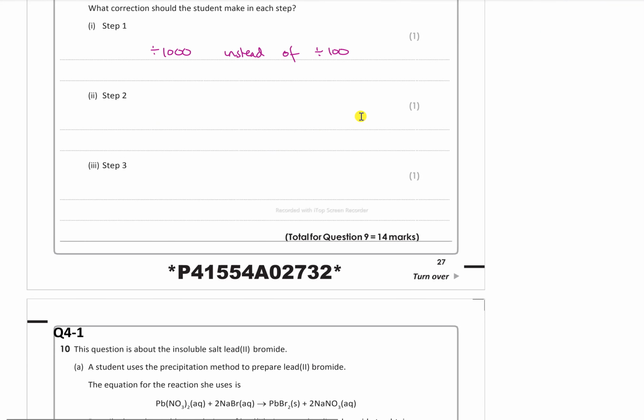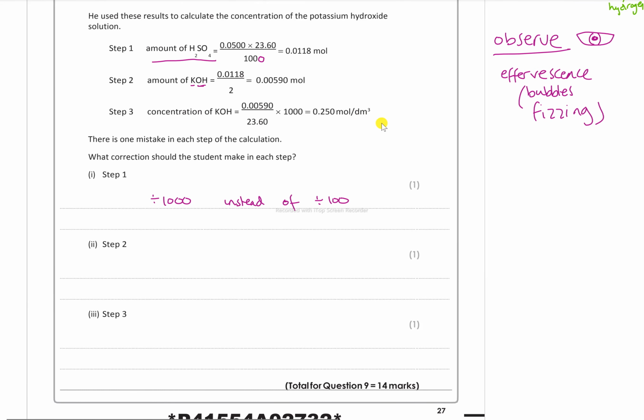So what did they do? They divided by 2 when they should have multiplied by 2. Should multiply by 2 instead of dividing by 2. Okay, the last one, concentration. That's how many moles they are. And these two should be right, okay.